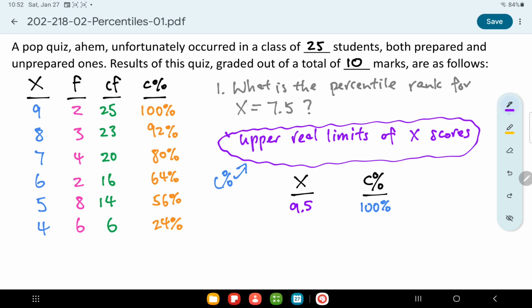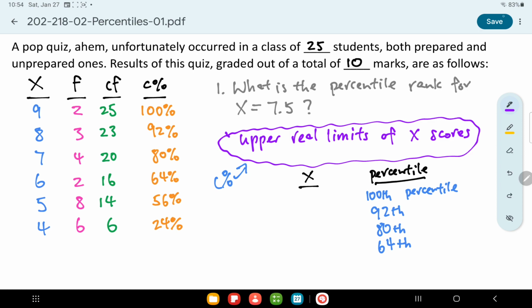To the question then, what about 92%, 92% cumulative percentage? To describe more accurately, I should have used the terminology percentile.